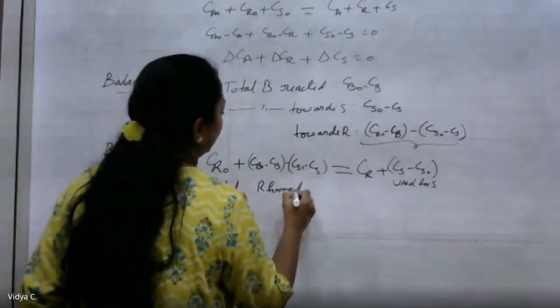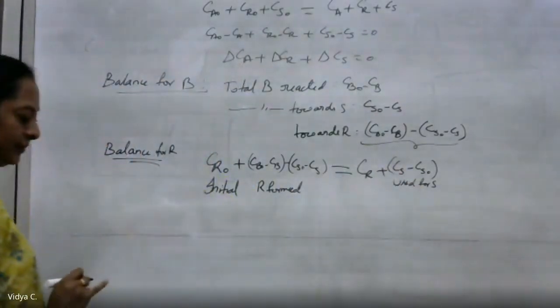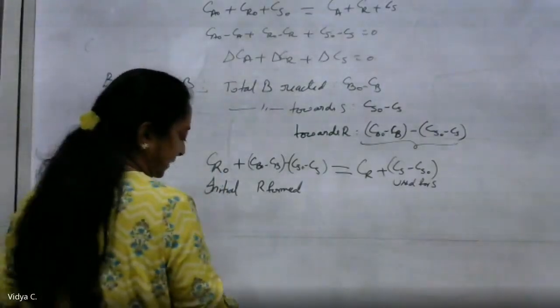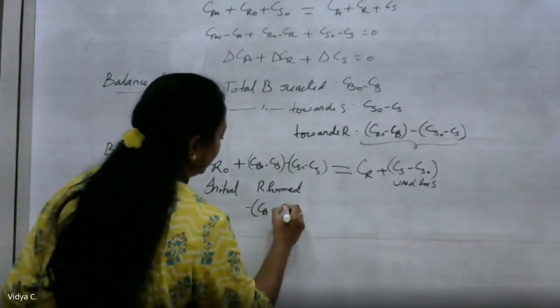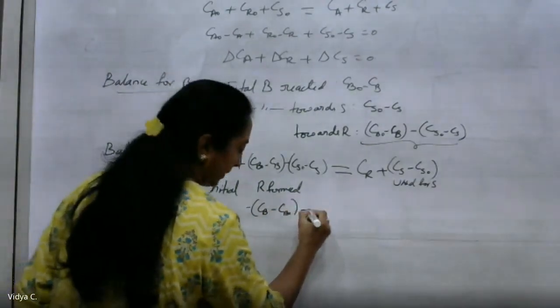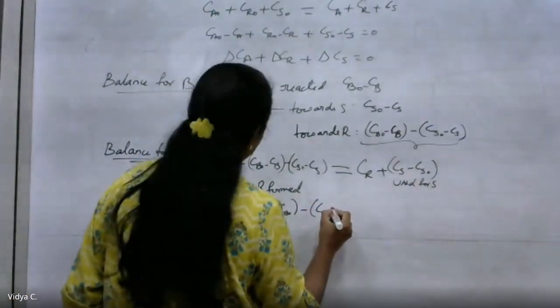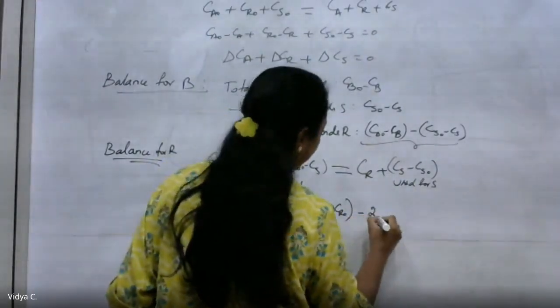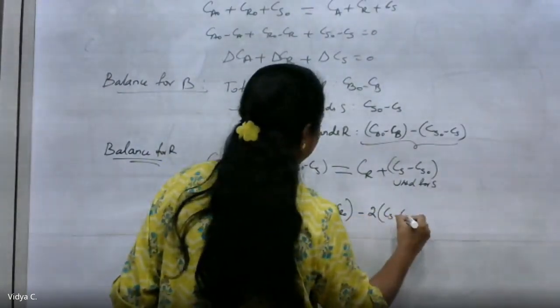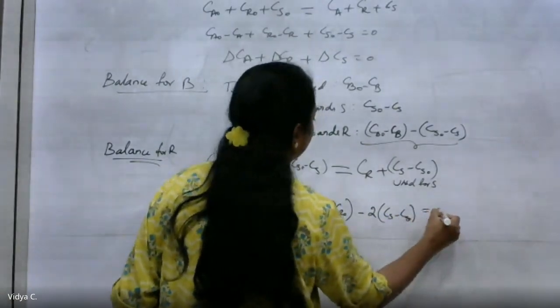Okay. So now what you do? You just simplify this, and to get an expression, I'll write the expression: minus of CB minus CB naught minus CR minus CR naught minus 2 times CS minus CS naught is equal to 0.